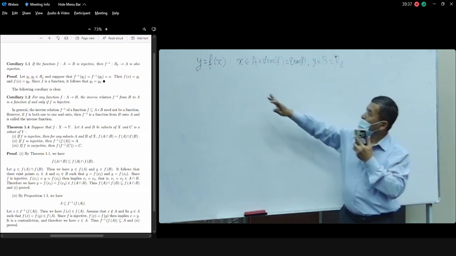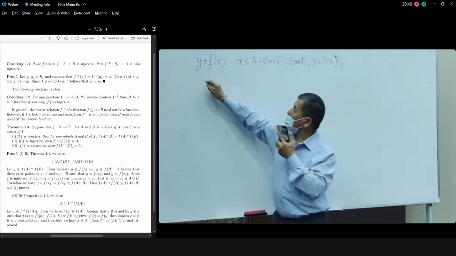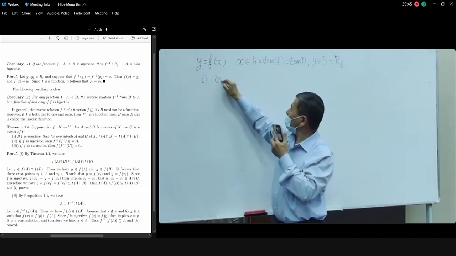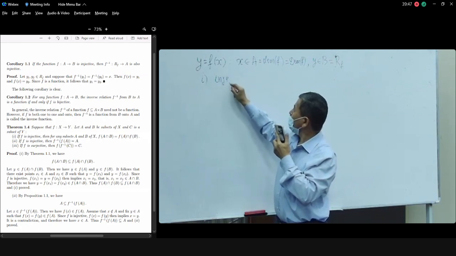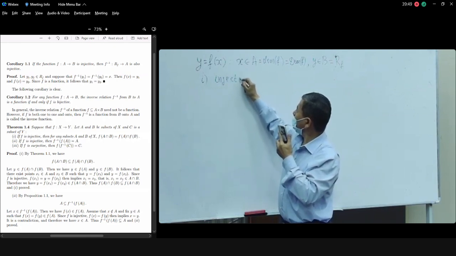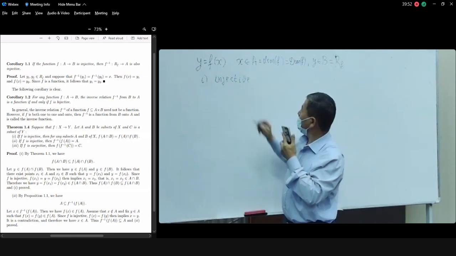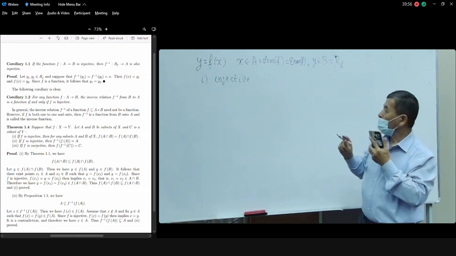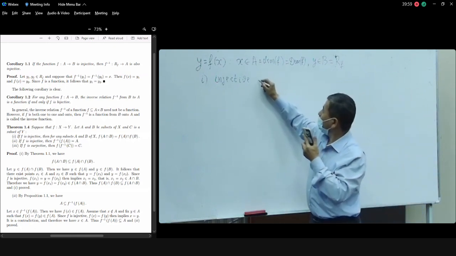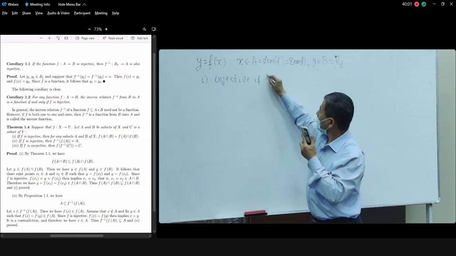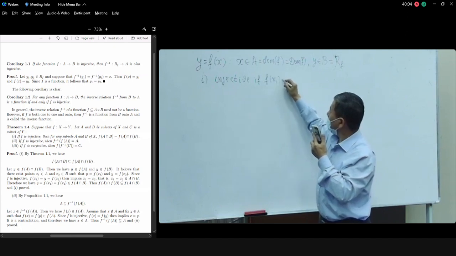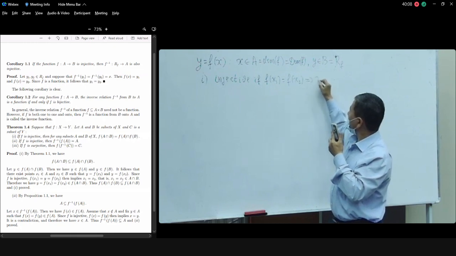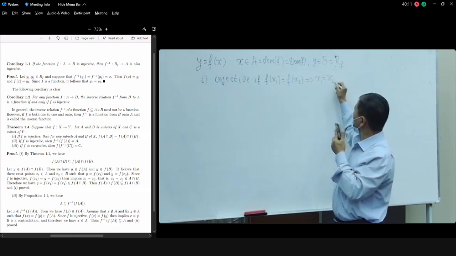Okay, now this function is called injective. We have three different definitions. It is called injective if f of x1 equals f of x2 implies x1 equal to x2.